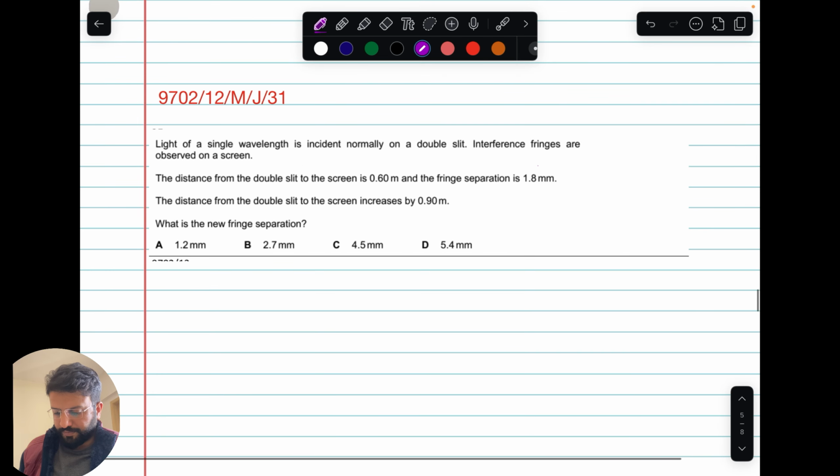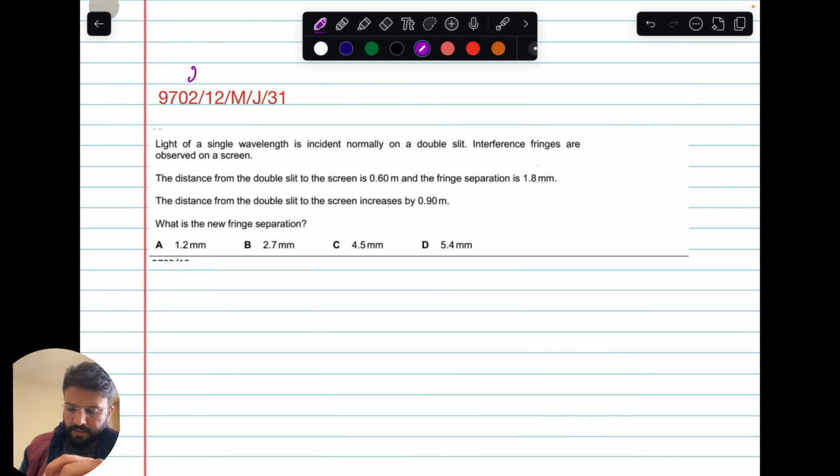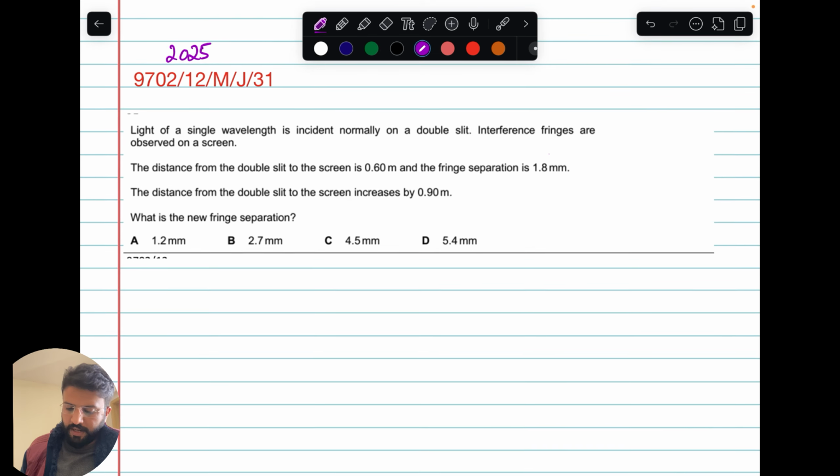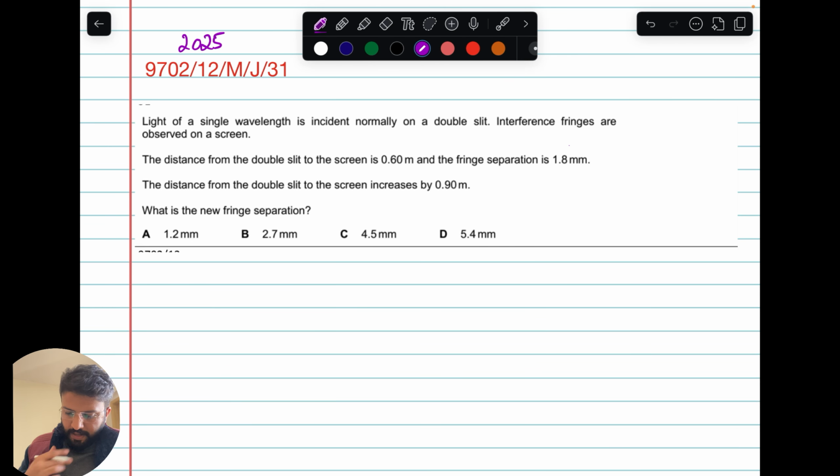Okay, and the next question, this is also from 2025. Light of a single wavelength is incident normally on a double slit, and again interference fringes are observed. The distance from the double slit to the screen is given, that is 0.6, and the fringe separation is 1.8.